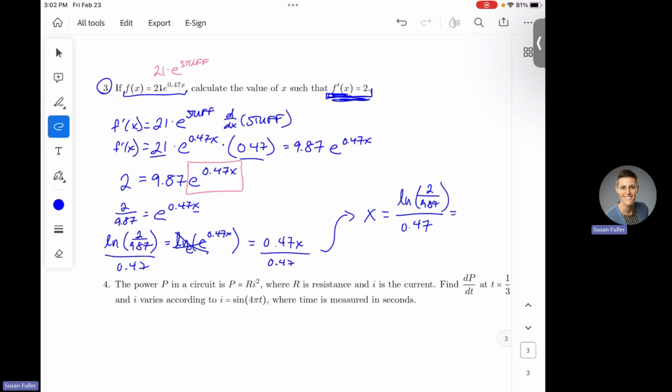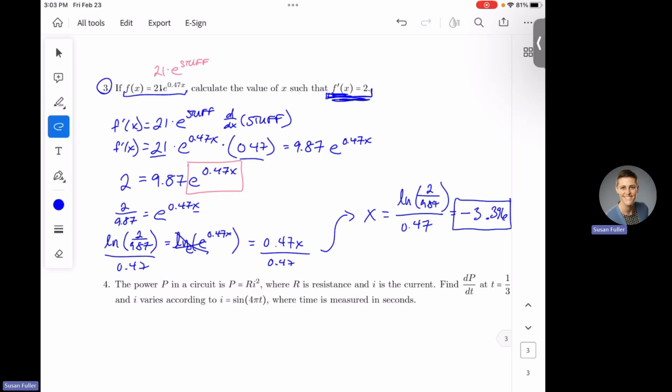When I do that, we'll do the ln of 2 divided by 9.87, and we're going to divide by 0.47. And we get negative 3.396. That is the x value that gives me a derivative value of 2.